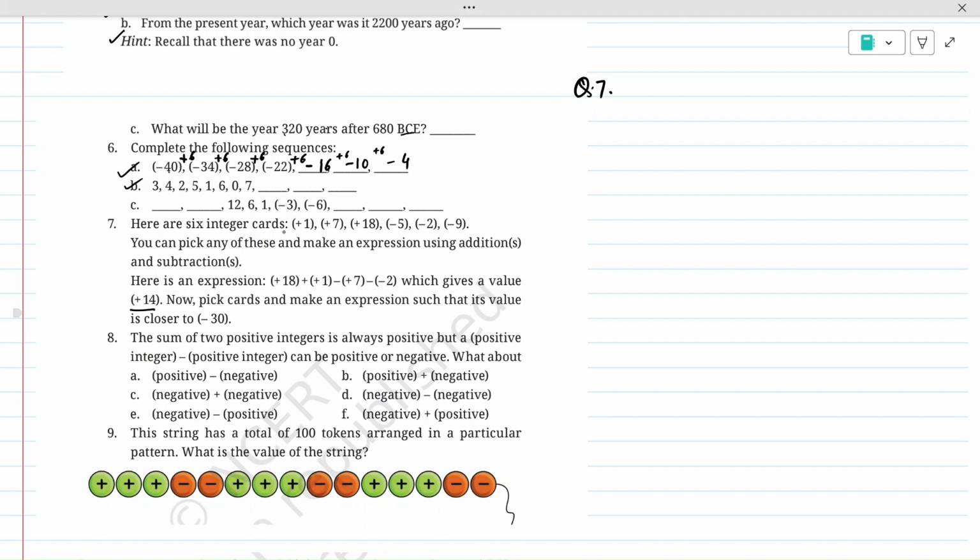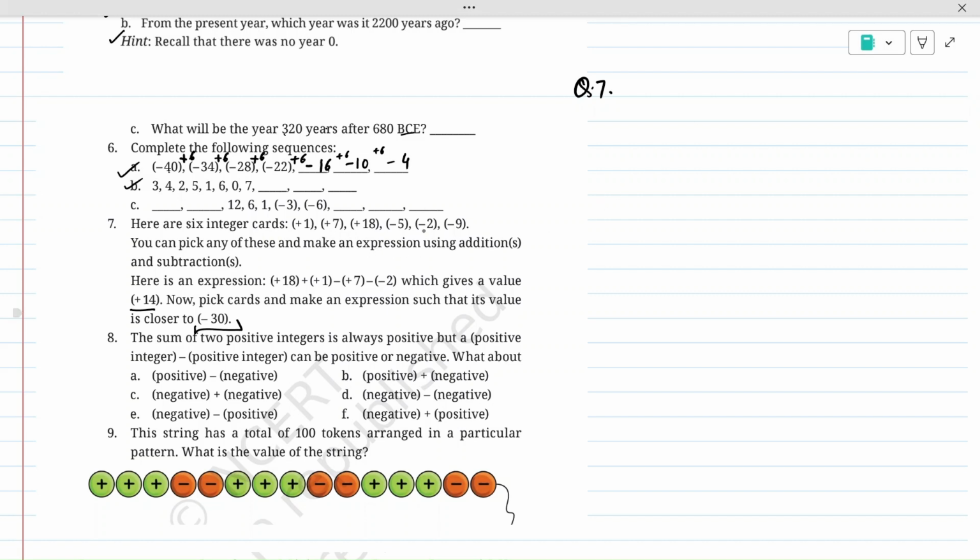Now we have to use the same cards and make an expression such that its value is closer to minus 30. So we have to use these numbers and the operators, additions and subtraction, to make a number which is closer to minus 30 here. Okay, so kids, let's try and do this question. We can start with minus 2.